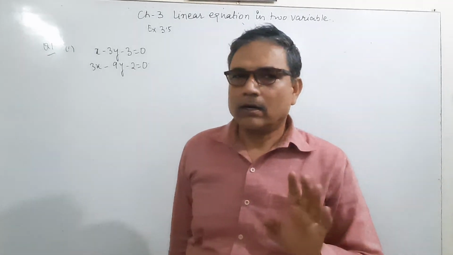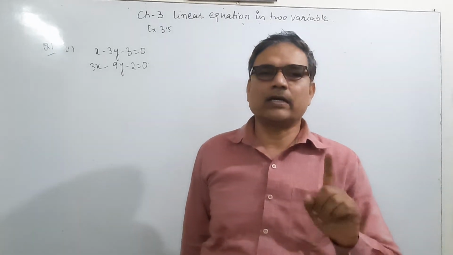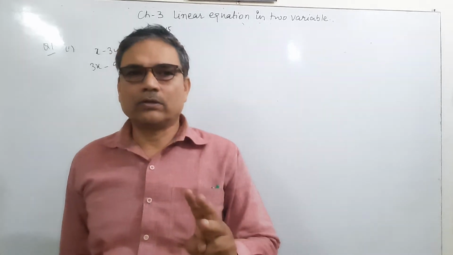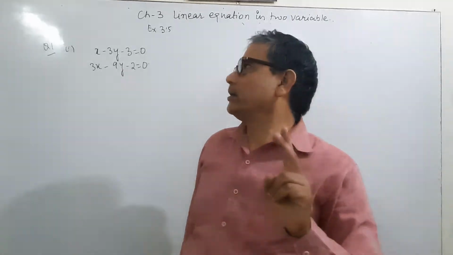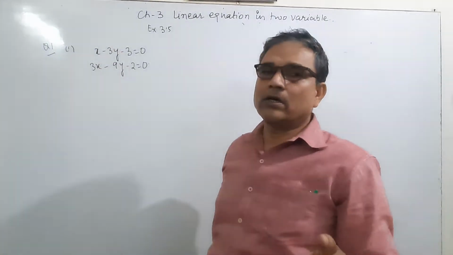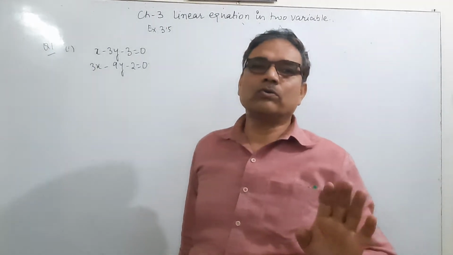Is it clear? First you have to find out whether the pair of linear equations has a unique solution, no solution or many solutions. If it has a unique solution, then you have to solve further, otherwise you need not solve.